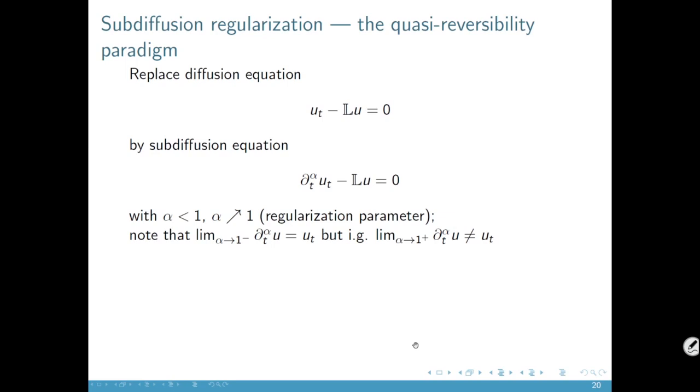The reason for this is that the convergence of the fractional derivative to the integer one from below is something which is clear from the definition, whereas from above it's also clear, but it's not upper semi-continuous, so to speak, because there's the initial data missing here. Okay, so that's the way to go. We approach one from below.